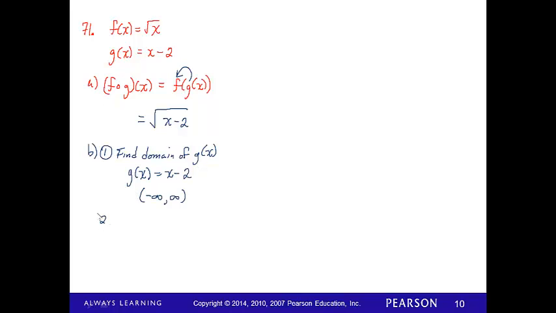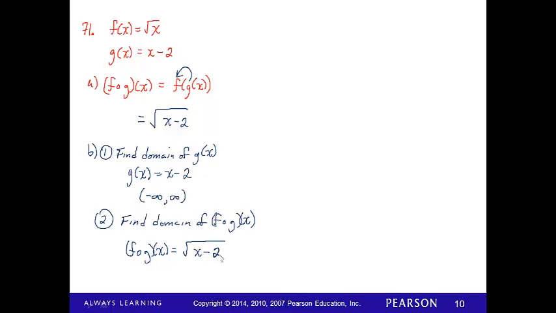So then the second step would be to find the domain of f∘g, f of g of x. And if there was a restriction, I wouldn't include it in the domain of f∘g. But since there aren't any, I can just keep going. So f∘g was written as the square root of x minus 2.